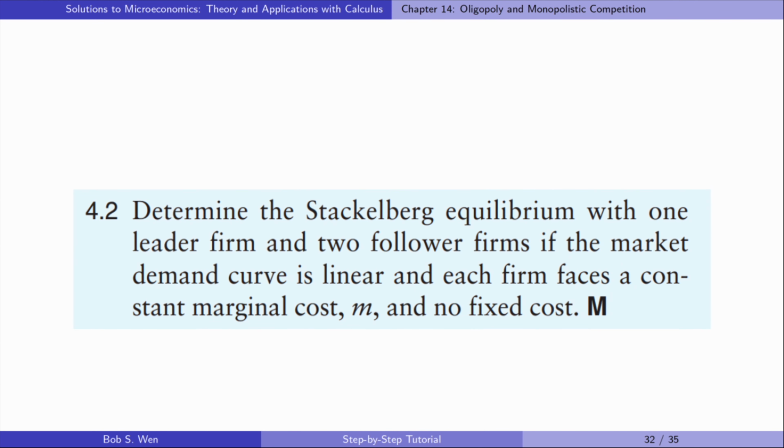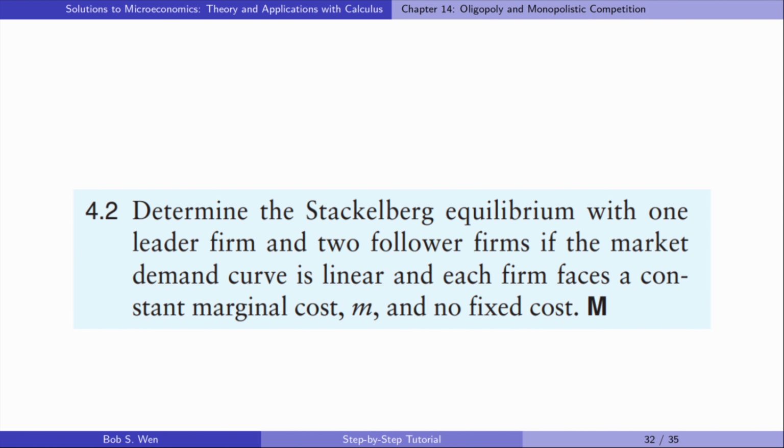Determine the Stackelberg equilibrium with one leader firm and two follower firms if the market demand curve is linear and each firm faces a constant marginal cost M and no fixed cost.